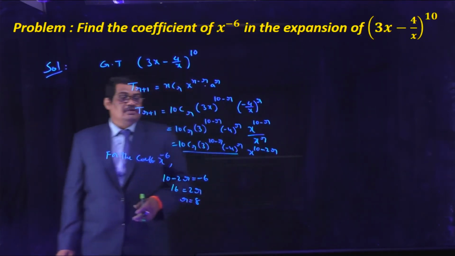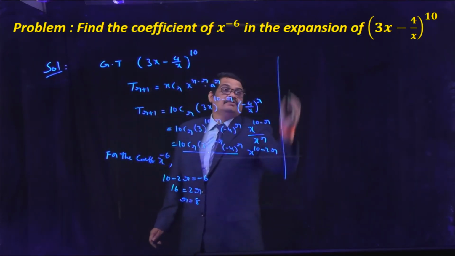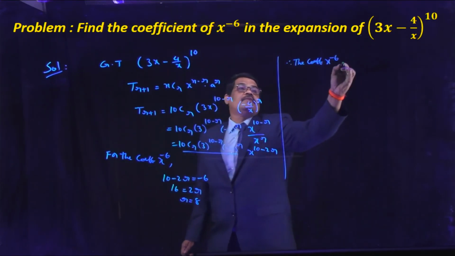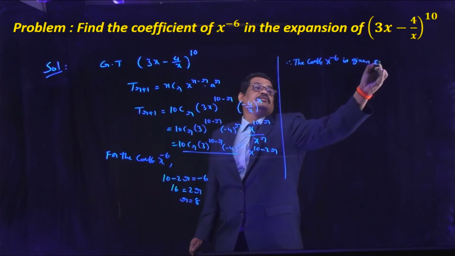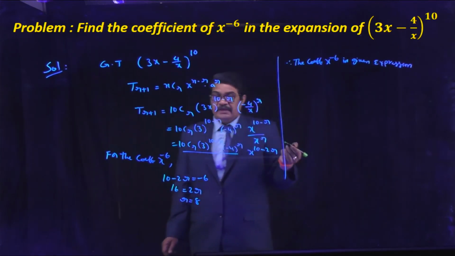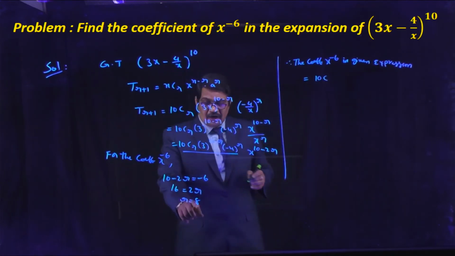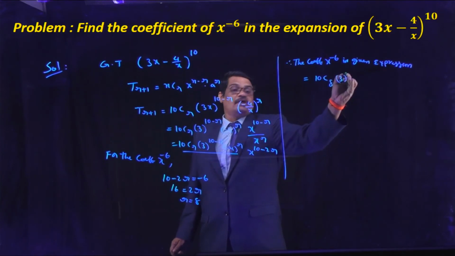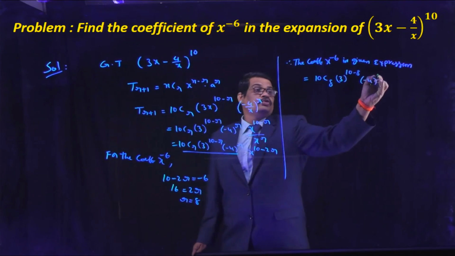So therefore the coefficient of x to the power of minus 6 in the given expression is, r is equal to 8, 10C8 into 3 to the power of 10 minus 8 into minus 4 to the power of 8.